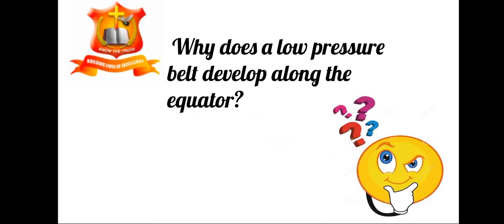Now moving further, why does a low pressure belt develop along the equator? So as you know, the sun rays always fall vertically at the equator. The temperature of this region always remains high, and so a permanent low pressure system develops here. Got it? Because it is very hot and the hot air goes upwards. That is why the low pressure system is there.